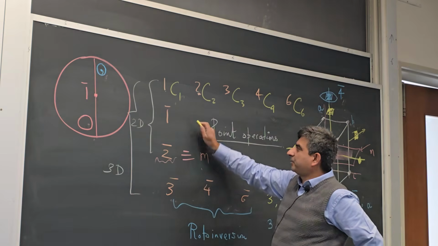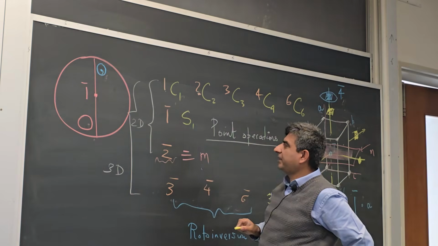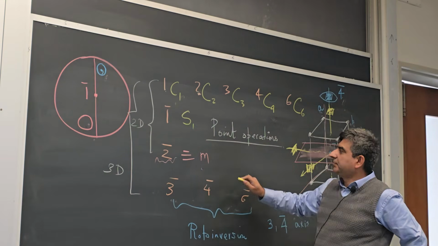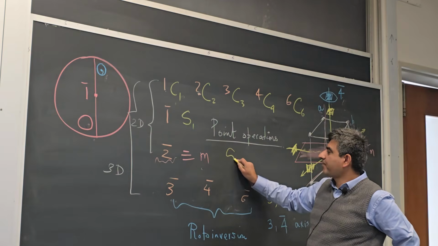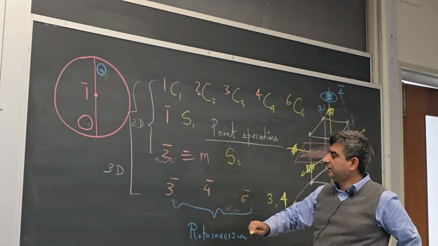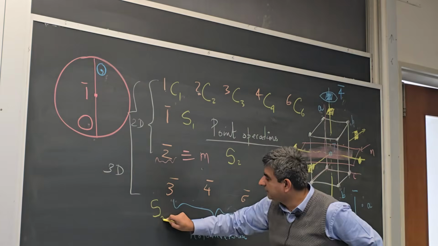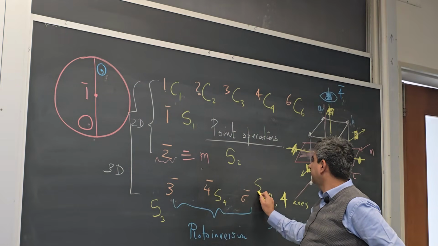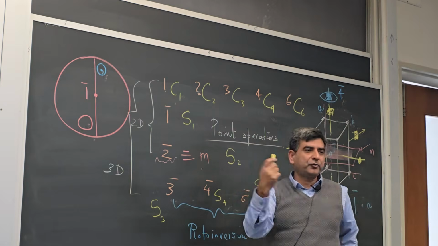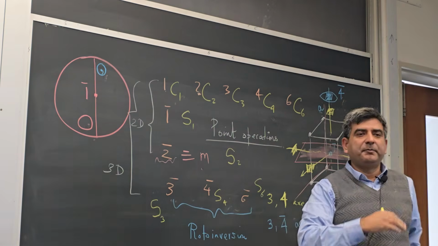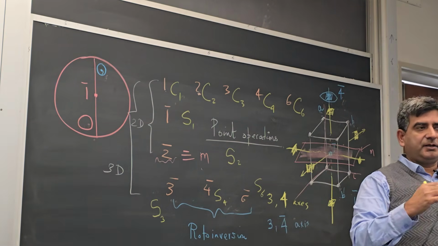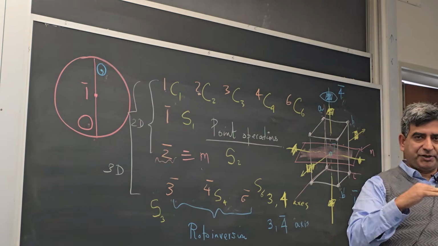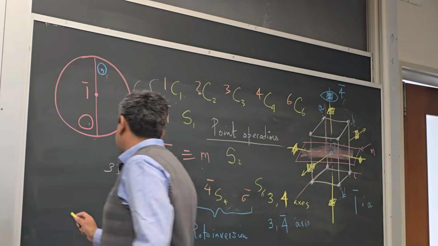Okay, this would be represented as an improper inversion S1, this as S2 or M, this as S3, S4 and S6. So this is the old notation, which material scientists actually like to use. It's called the Schoenflies notation.